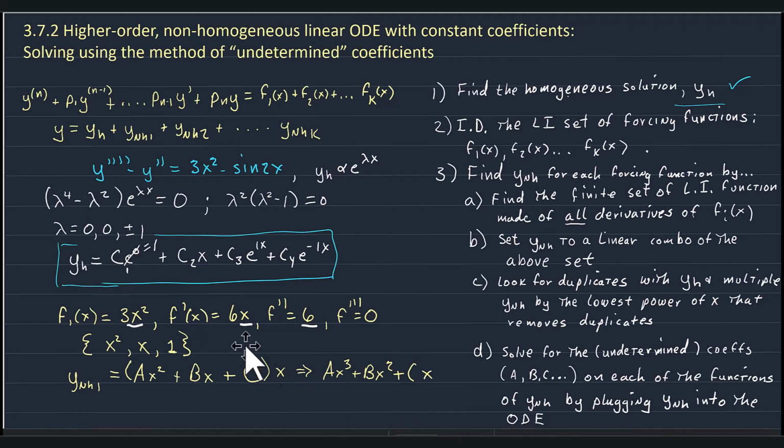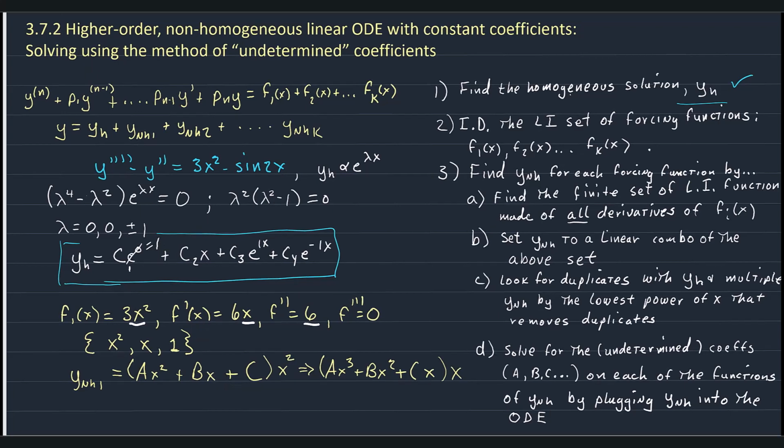And indeed, we've gotten rid of the duplicate with our constant term here, but we still have a cx which duplicates c2x in the homogeneous solution. So multiplying by x to the first power is insufficient. So we have to multiply by x squared. And that gives our first non-homogeneous solution as ax to the fourth plus bx cubed plus cx squared.